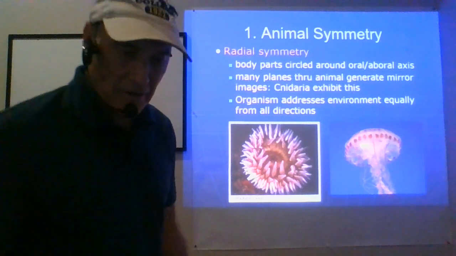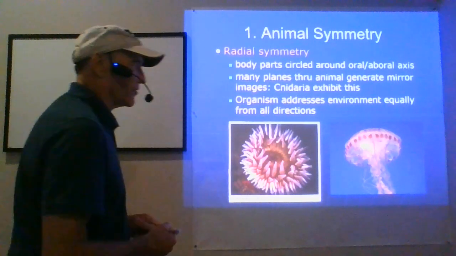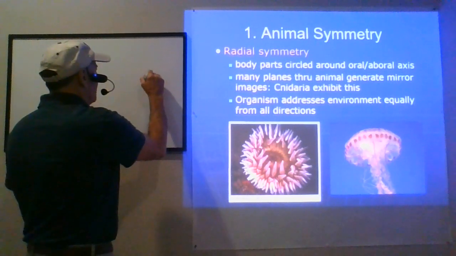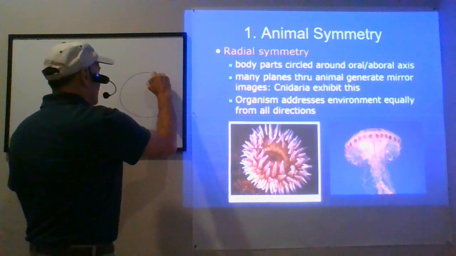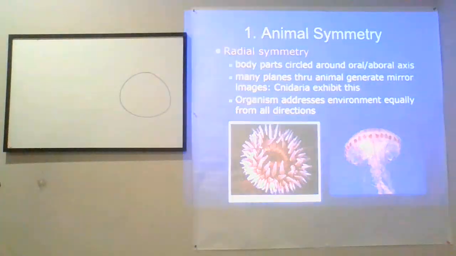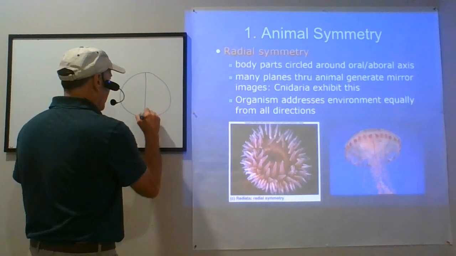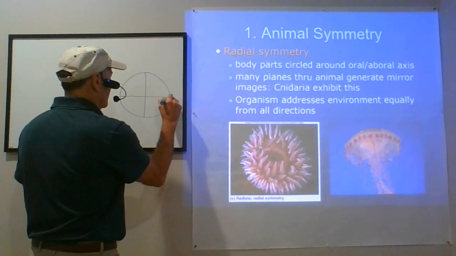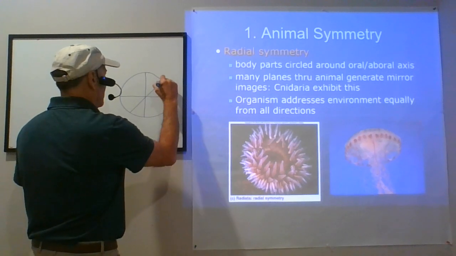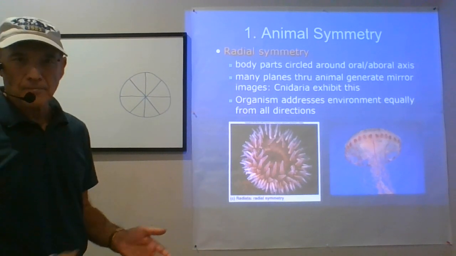Radial symmetry is when the organisms are circular. You look at this. With a circular organism, you can divide them into lots of identical halves, like this. You see radial symmetry.